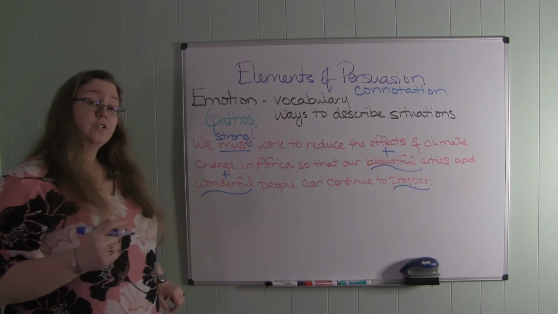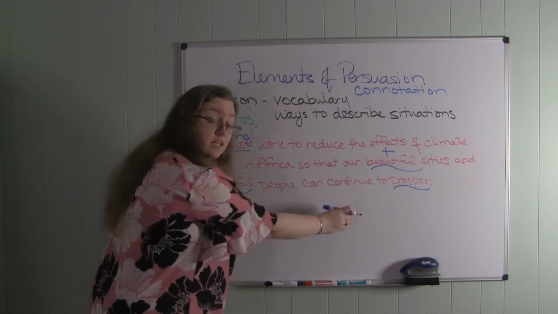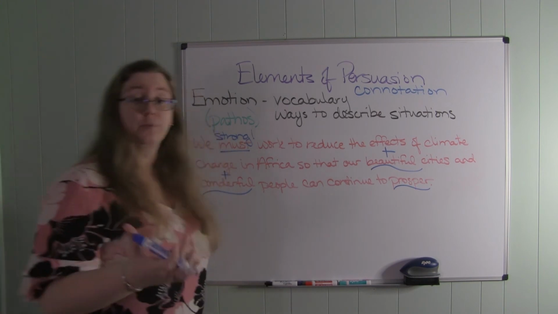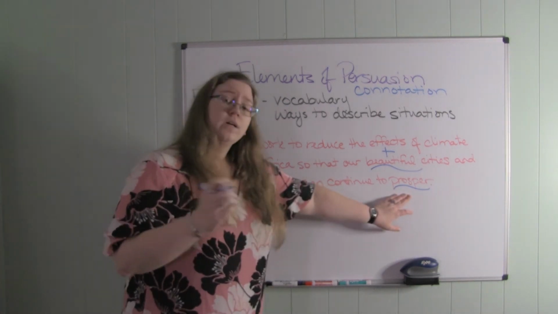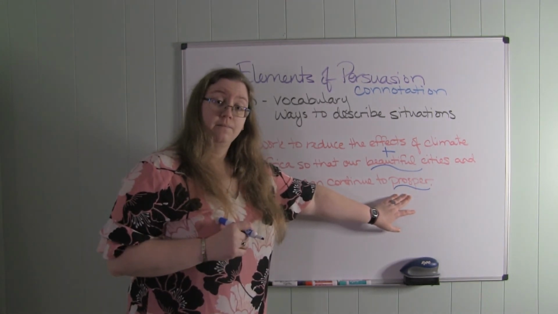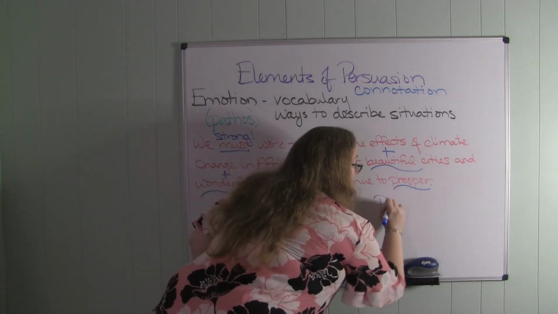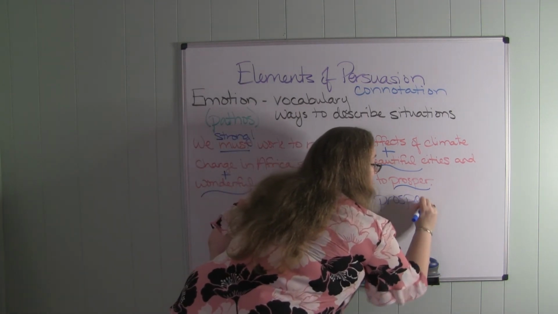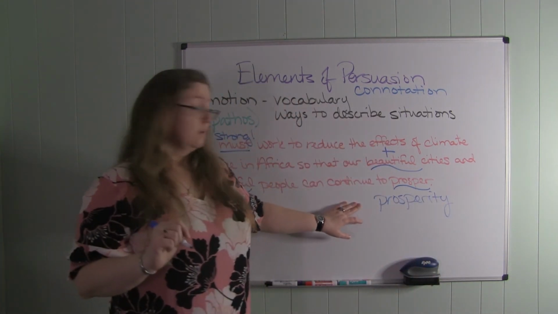And what do we want to do for them? We want to make sure that they can continue to prosper. Now, prosper. What kind of word is this? Is this a positive or a negative meaning? You may know of the related word prosperity.